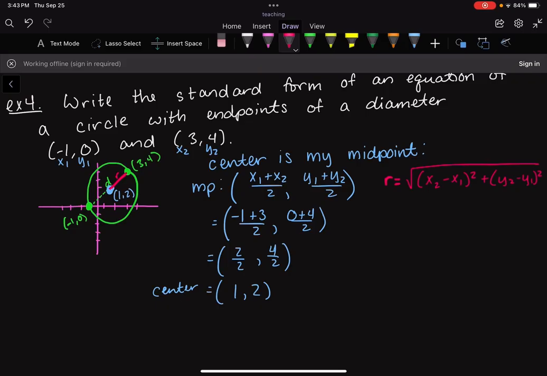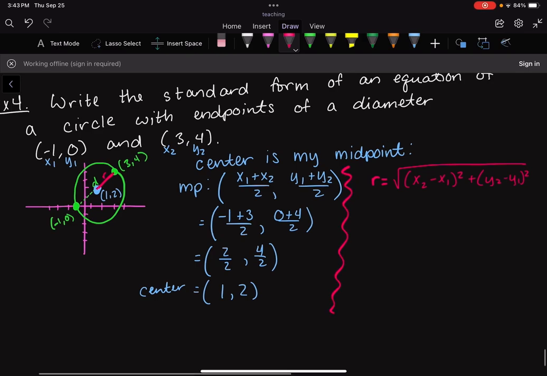But I'm using a different x1 and x2 than I did from the midpoint. So I hope that makes sense to you, like what I'm doing. Let me just write it out in words.